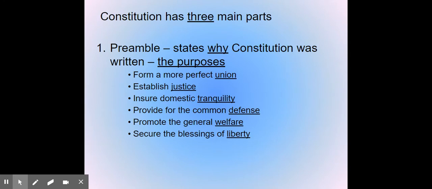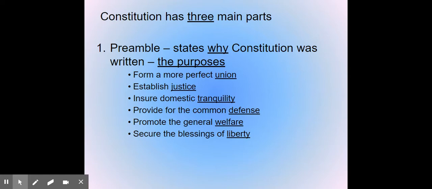Okay? Do hereby establish this Constitution of the United States. All right. So the preamble states why we're doing this, the purposes, and it states that we are in this together. We are one. Okay.